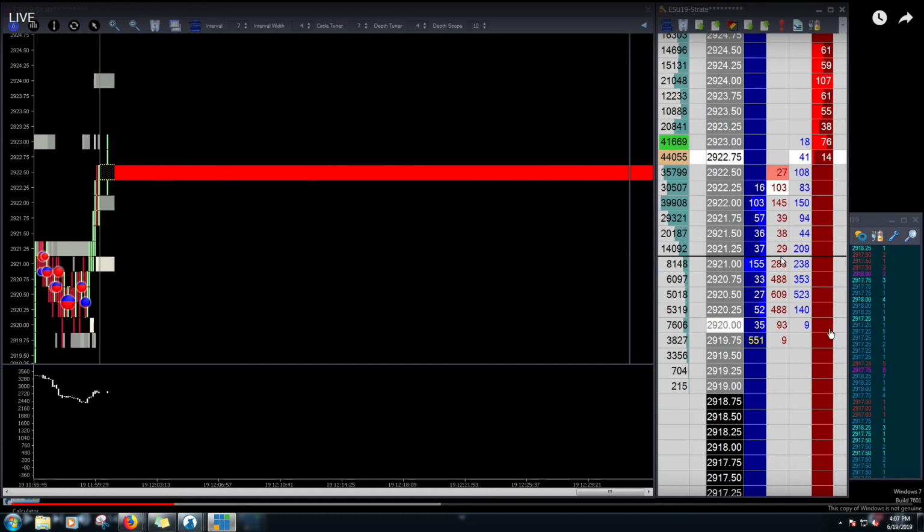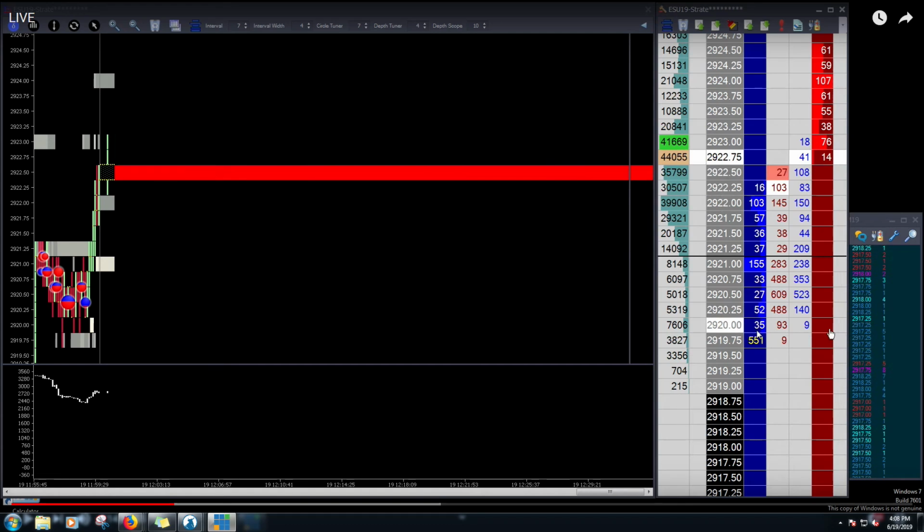If you've been watching a lot of my ES videos, my volume profile plays, pretty much any video where I trade the ES, you're going to notice that the average number in these blue and red columns is around 200 to 300, even 400. When you see these numbers a lot lower, as in this example, that is an example of how the market thinned out.